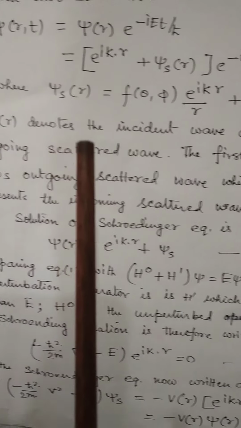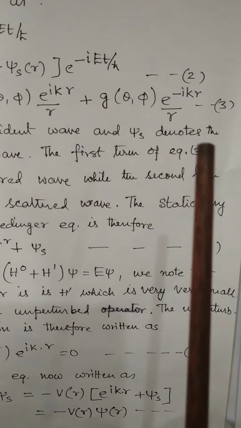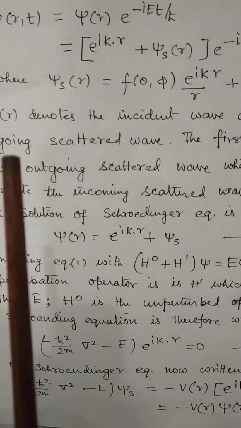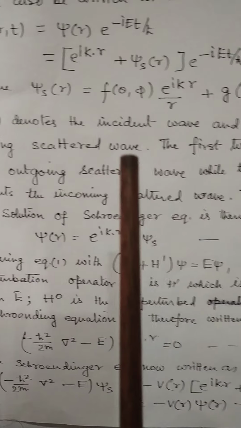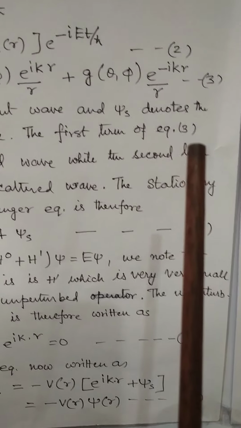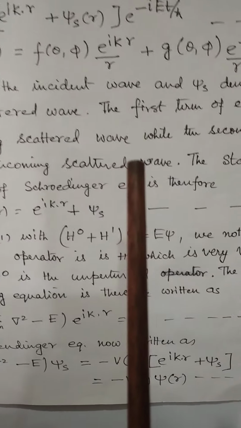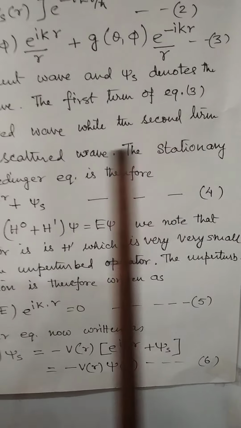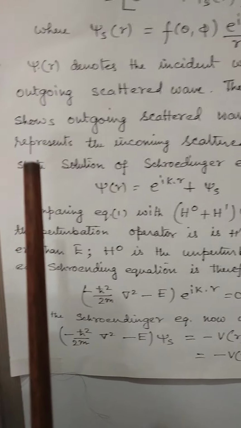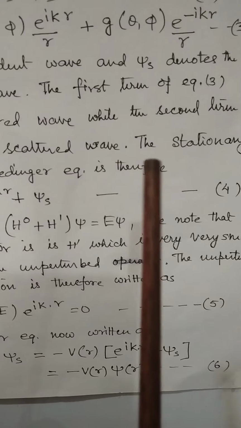Now ψr denotes the incident wave and ψs denotes the scattered wave. The first term of equation number 3 shows the outgoing scattered wave, while the second term represents the incoming scattered wave.